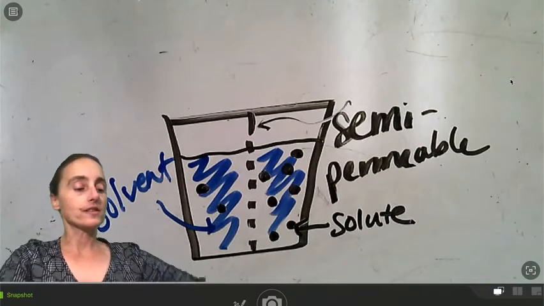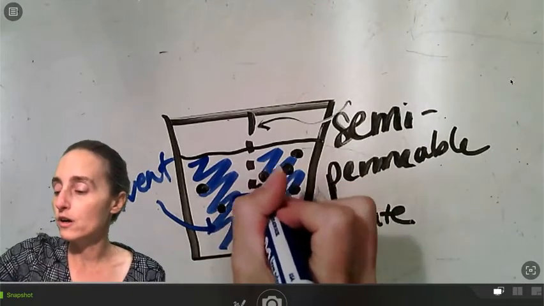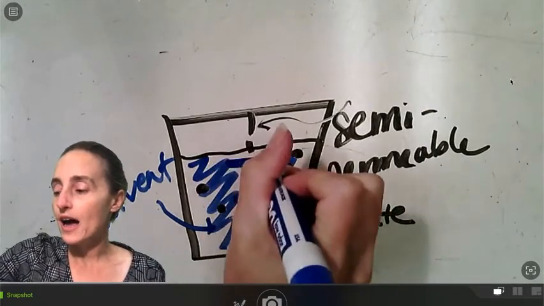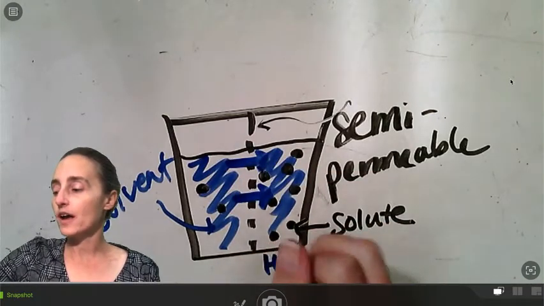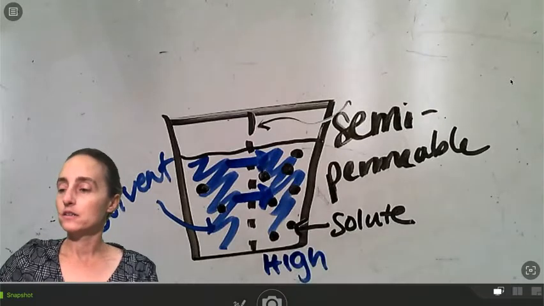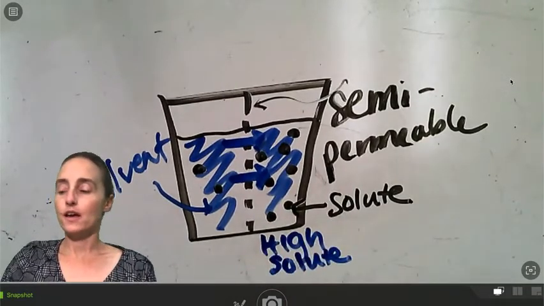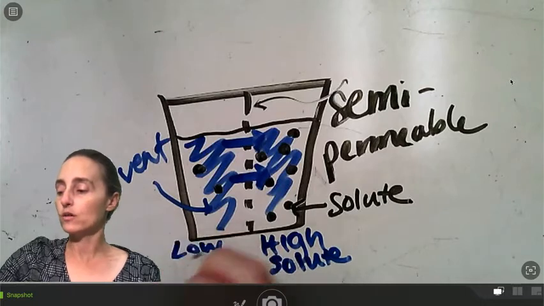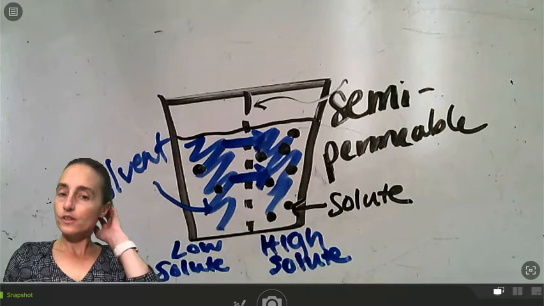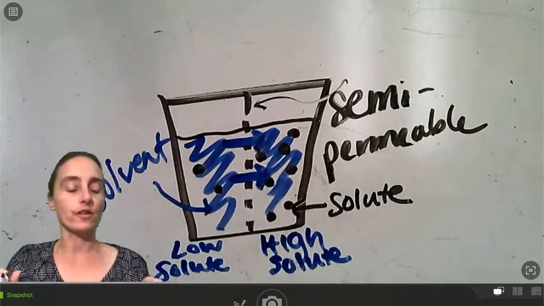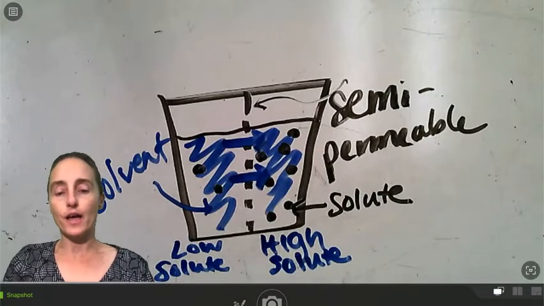So what we are going to see is water move to where there's a higher solute concentration. On this side, it's high solute, and on this side, it's low solute. Can you see how there's low solute on the left and high solute on the right?